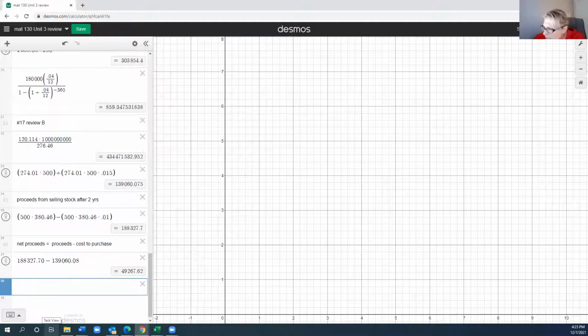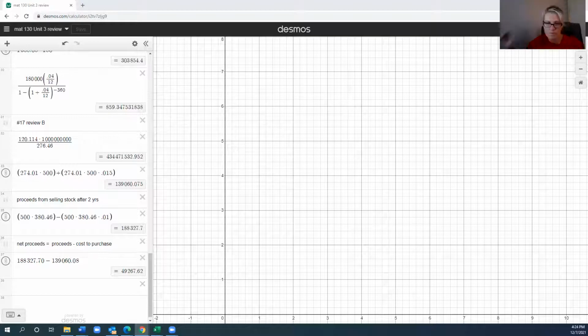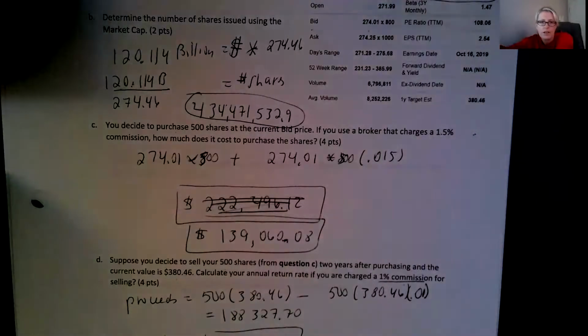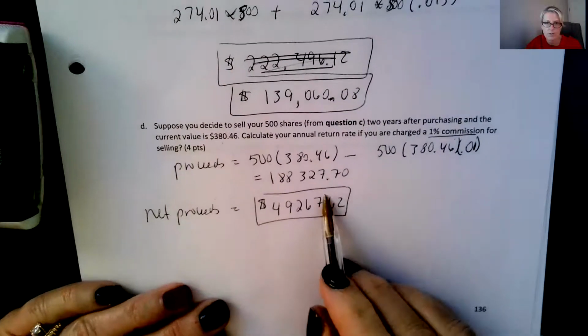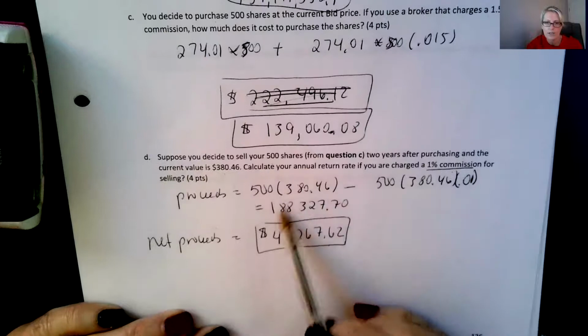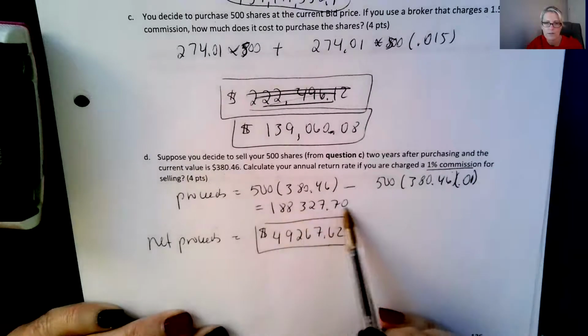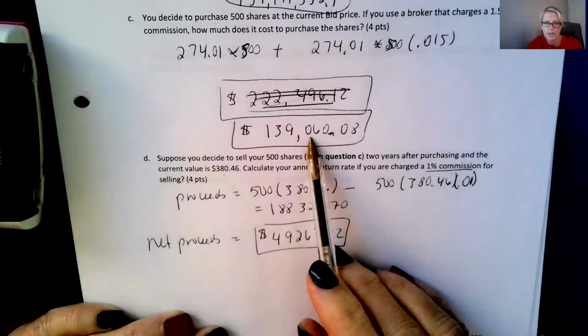So our net proceeds are $49,267.62. Okay. I'm going to show you my paper so you can see what I wrote down. Here's my net proceeds, which is my proceeds right here, subtracting the original cost right up here.